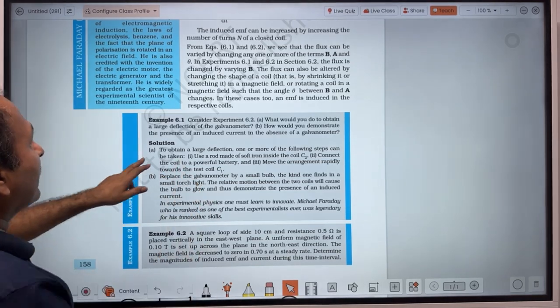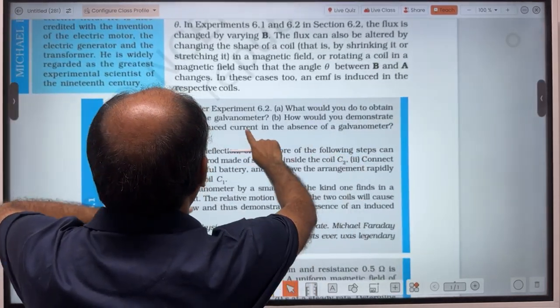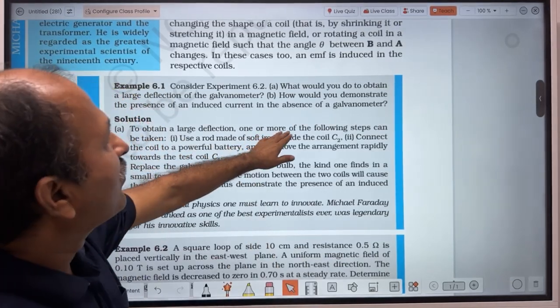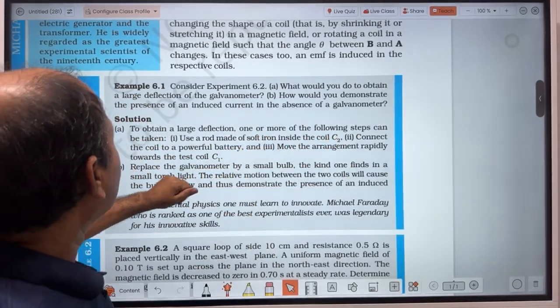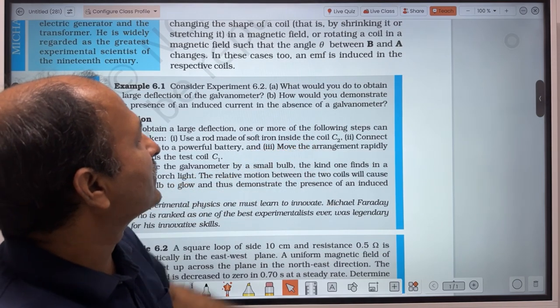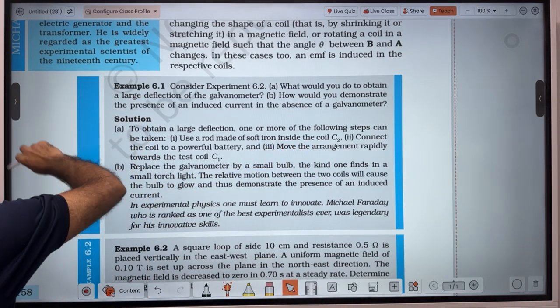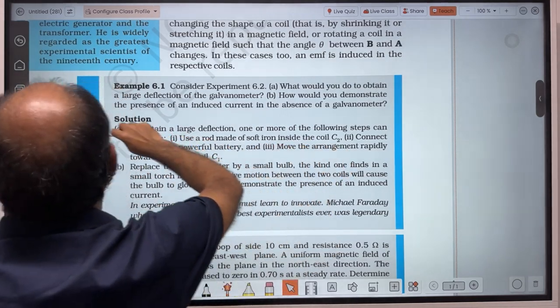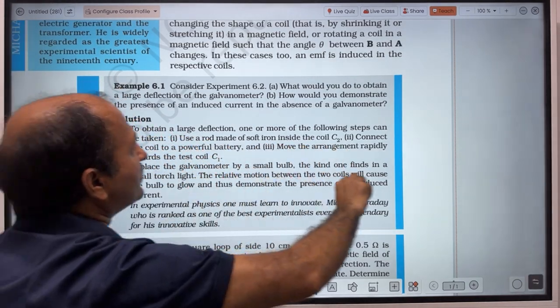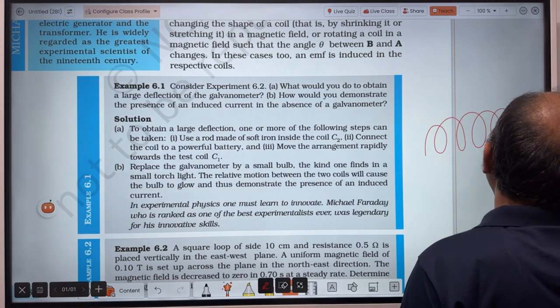So here, to obtain a large deflection, one or more of the following steps can be taken. Use a rod made of soft iron inside the coil C2. If you put an iron rod inside the coil, then what will happen? Induced EMF will increase, right?